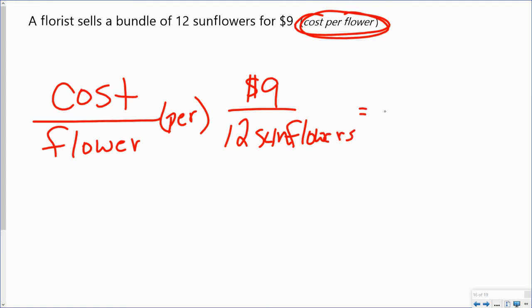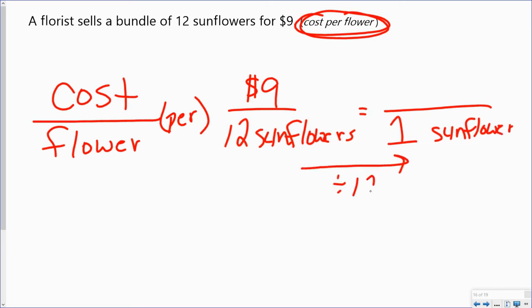And again, my unit rate always is over 1, so it would be 1 sunflower. To get from here to here, I'm dividing by 12, and that means I'm also dividing by 12 up here. $9 divided by 12 would give me 75 cents. So it is 75 cents per 1 sunflower, or 75 cents per flower.